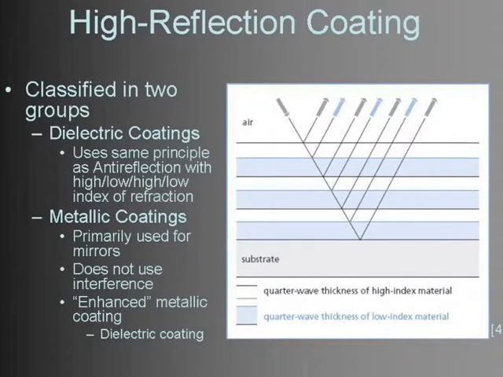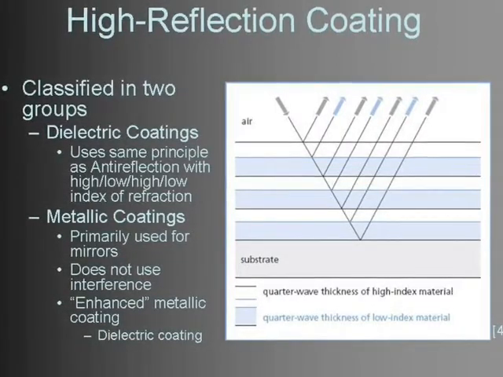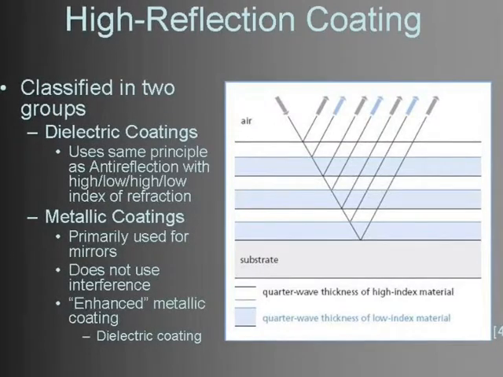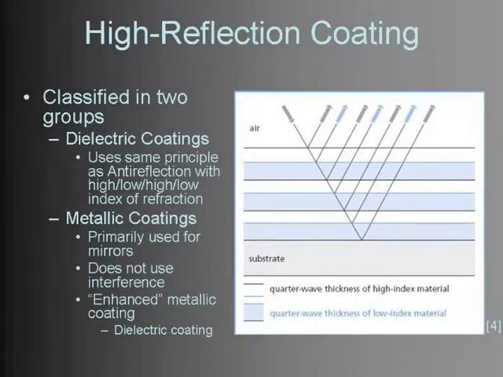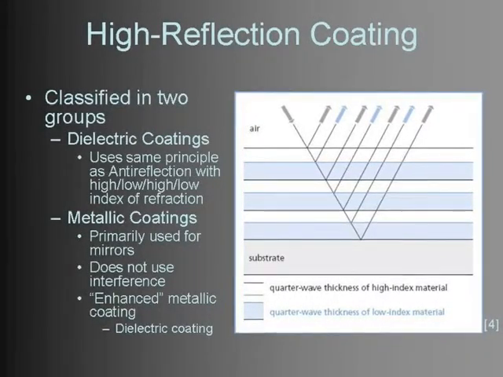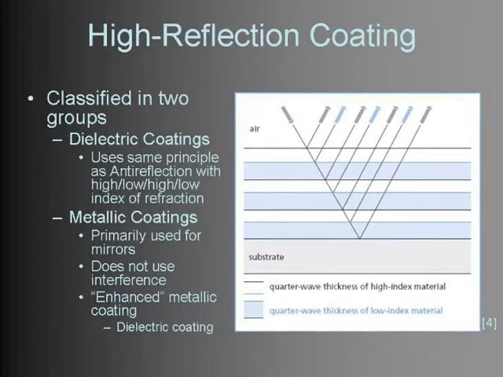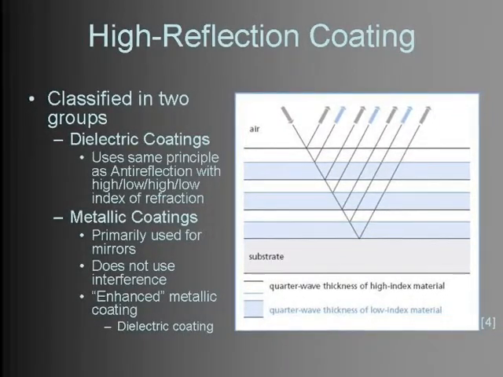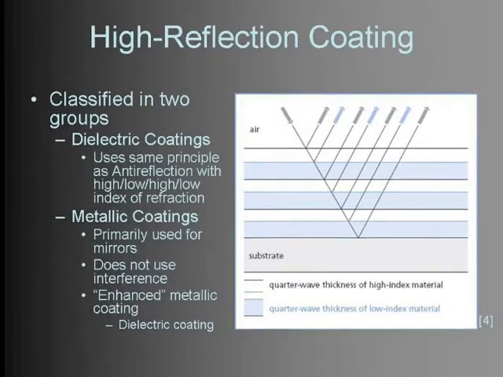Metallic coatings are primarily used for mirrors. For the reflection, they actually rely on total reflection at the surface where the metallic coating is. The other possibility is a metallic coating topped with a dielectric coating. This is referred to as an enhanced metallic coating, also as a hybrid high reflection coating.